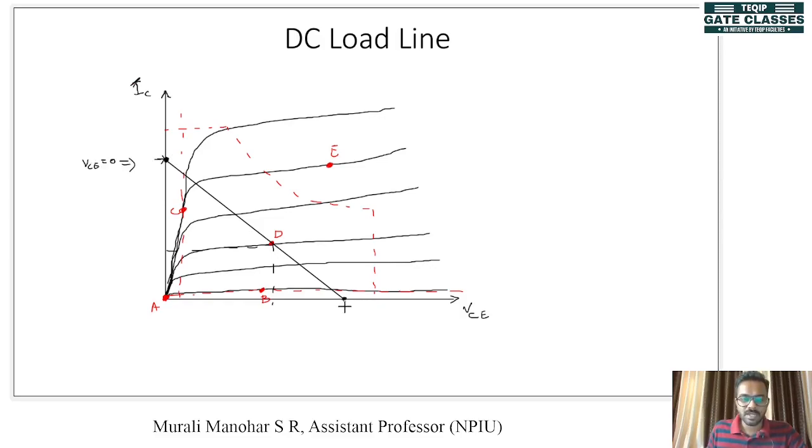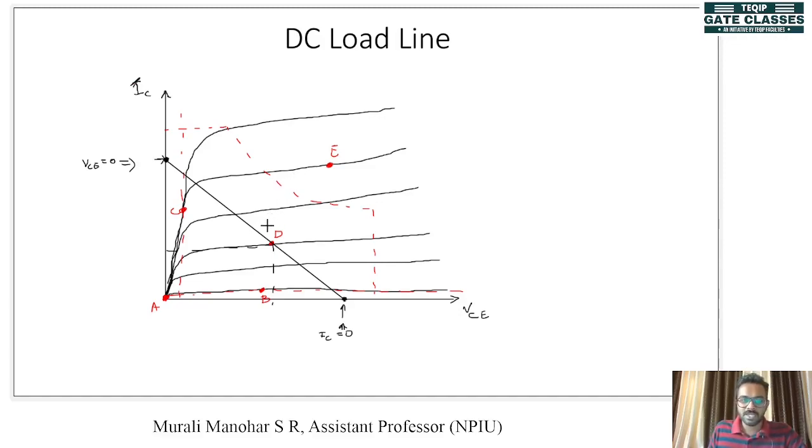Then we will assume that IC is equal to 0. That corresponds to a VCE, that is this point. So by assuming these two conditions, we will get a straight line. And this straight line is a property of the external network connected to our transistor.